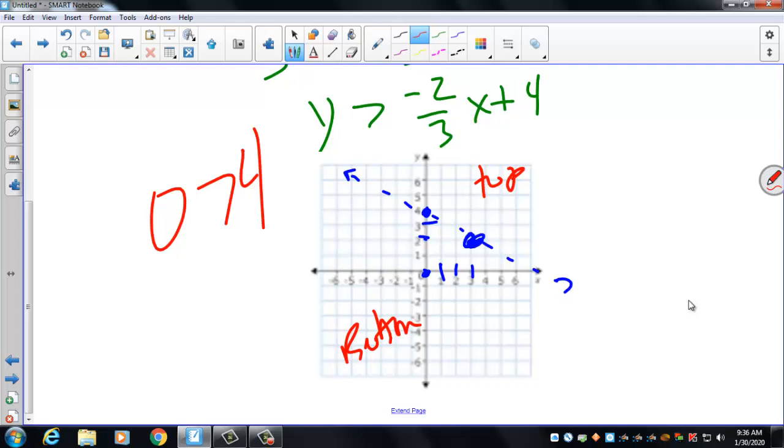Is 0 bigger than 4? No. Definitely not. So which side do you shade? Do you shade the top side or the bottom side? You shade the top side.